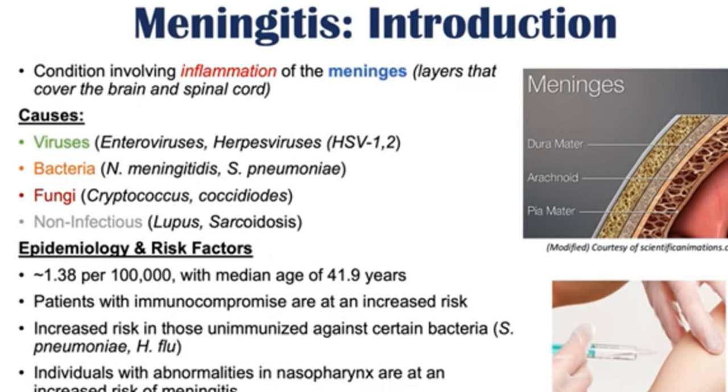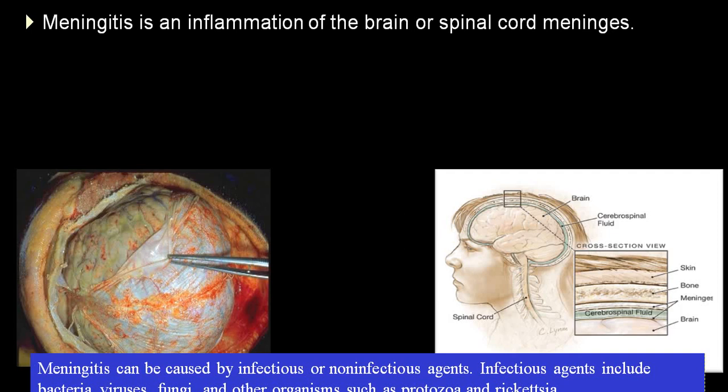There is an increased risk of unimmunized person against particular bacteria like streptococcal pneumoniae and H influenza. And particularly if the person has got some nasopharyngeal abnormality, they will be more prone to get meningitis. We'll be dealing in detail. This is just an introductory part.